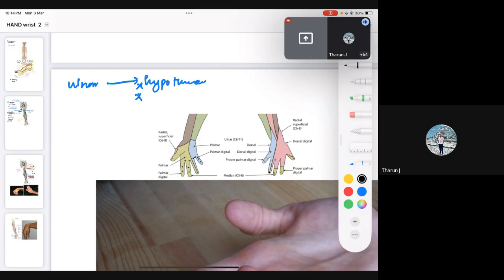The interosseous muscles. What else? The third and the fourth lumbricals, the medial ones. And what about the sensory supply? The 1.5 fingers on the medial side. Yes, perfect.